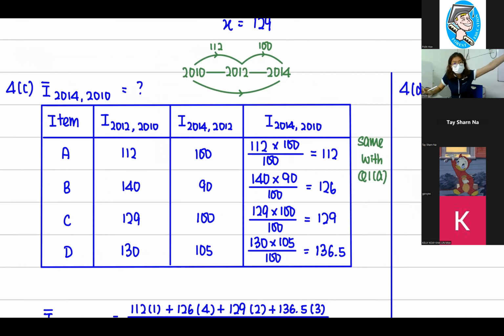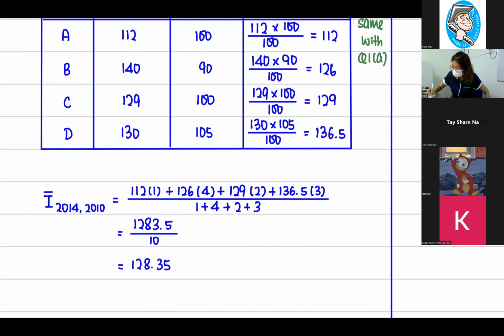I do the same thing for item A, item B, item C, and item D, and I get my index numbers, the price index 2014 based on 2010. After that, only then do I substitute in: I bar equals the summation of IW over the summation of W.